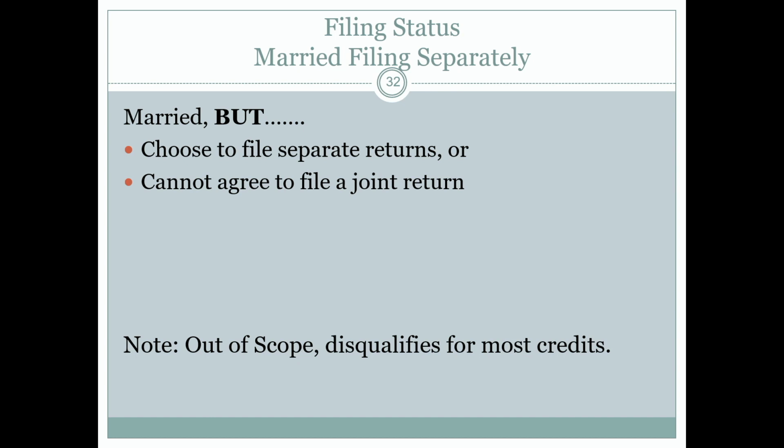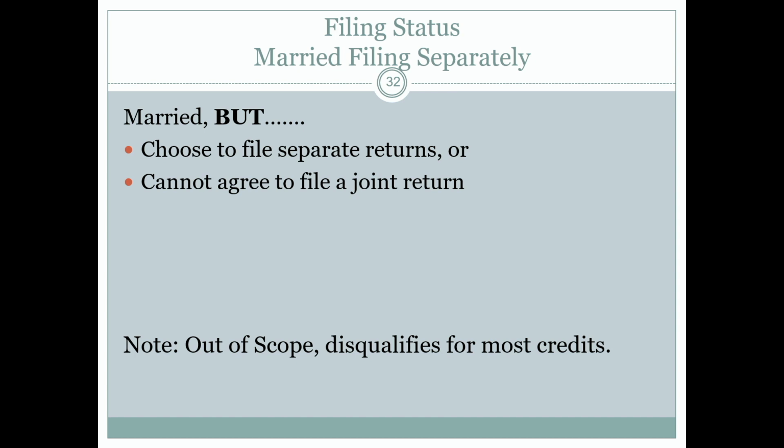Also, sometimes when people come to us and want to file separately, we try to educate them that filing separately could cause them to wind up paying more taxes because it disqualifies them from most of the credits that are allowed on the tax return, which could reduce their taxes and increase their refund or decrease the amount that they would owe.